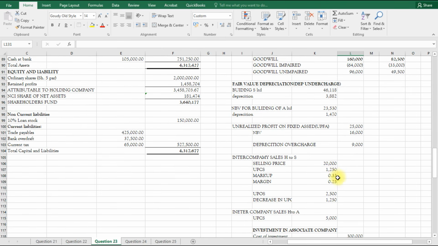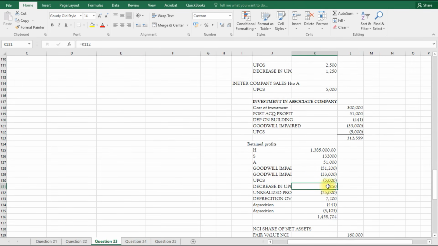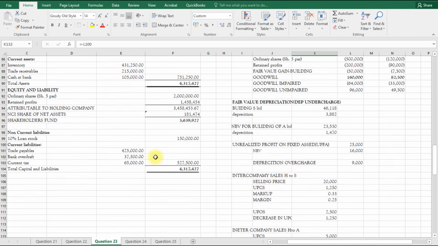And the main reason, when you look at our decrease in UPCS, was 1250. Here we're supposed to take our portion. In this value we take our portion. We'll multiply this by 80%, which will be 1000. This will change, and when you look at our question already, it has balanced at 4317 427, 4317 427.